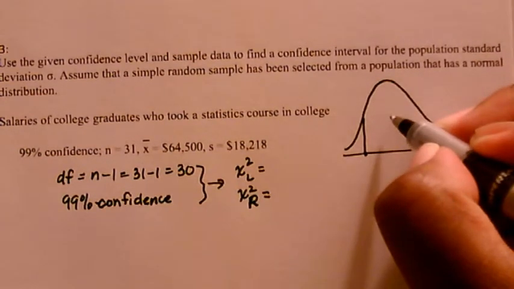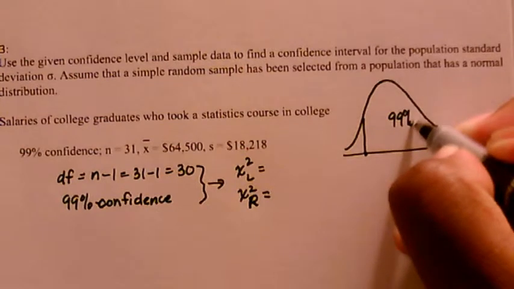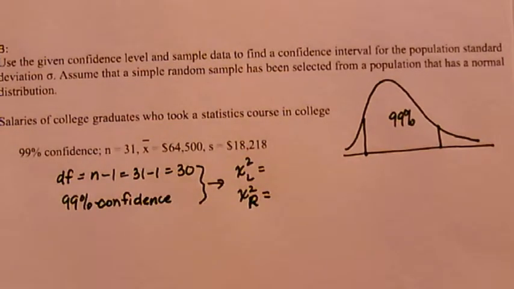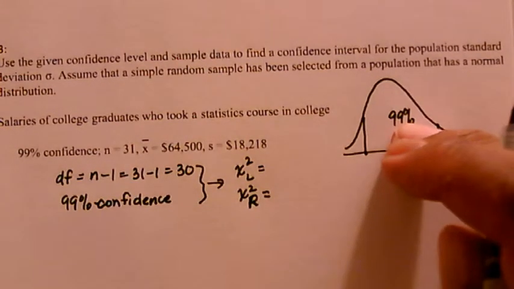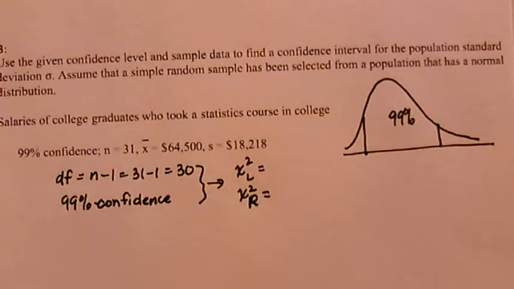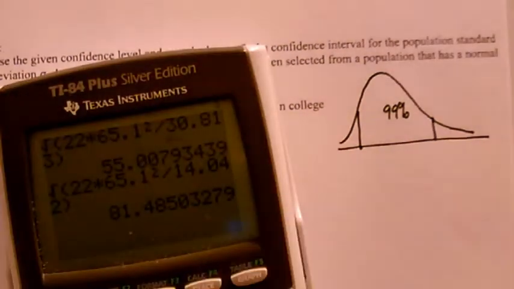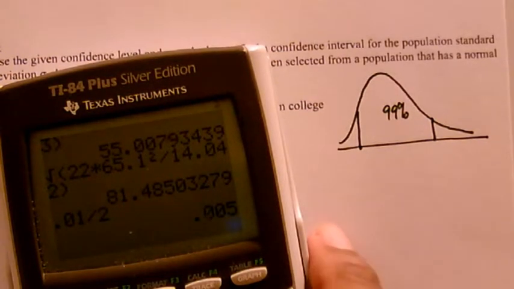In the middle is 99%. Now if that's 99%, the whole curve is 100%. Take 100% minus 99%, it's going to be 1%, or 0.01. But we got to split 0.01 into two parts, two equal tails. So 0.01 divided by 2 will be 0.005.